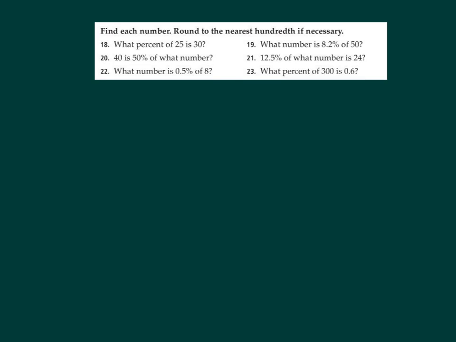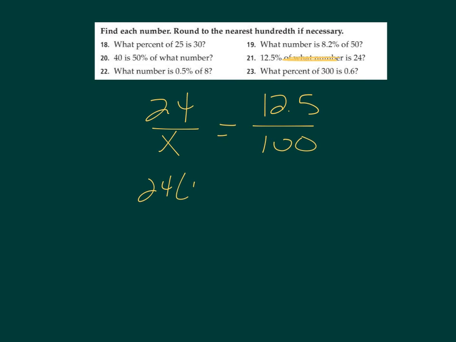In number 21, we see 12.5% of what number is 24? So again, template, I see I have my percent, 12.5. If we take that prepositional phrase out, I have 12.5% is 24, so I'm looking for my whole here. 24 times 100 equals 12.5 times x.